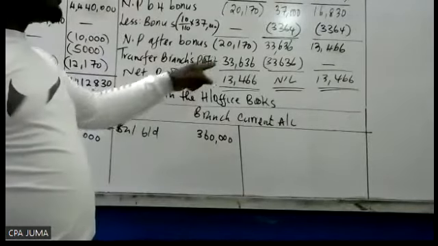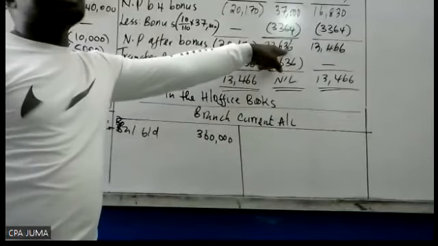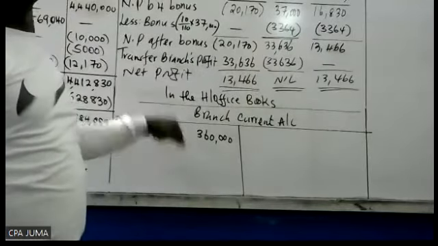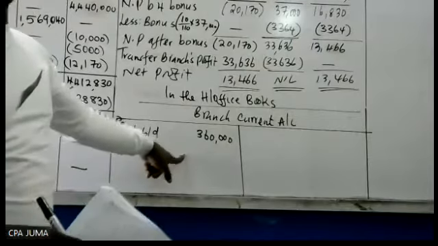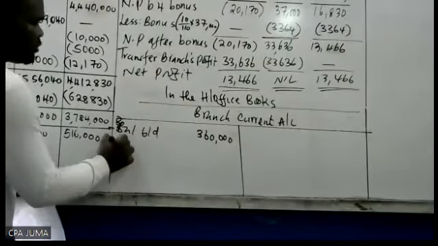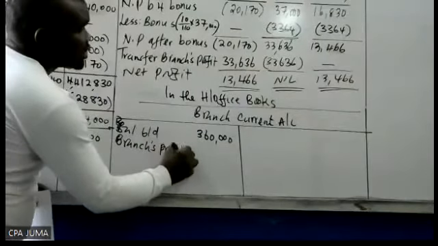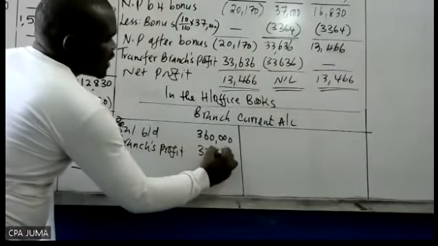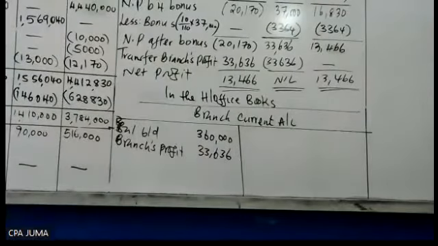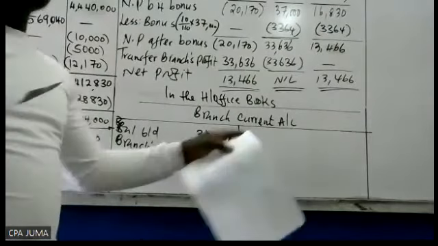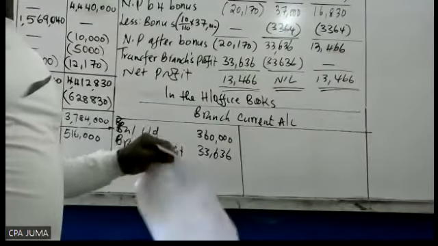The profit which has been made by the branch, the 33,636, must be taken to head office. So you load it here: branch profit 33,636. Then there are some goods sent to the branch that the branch hasn't received.